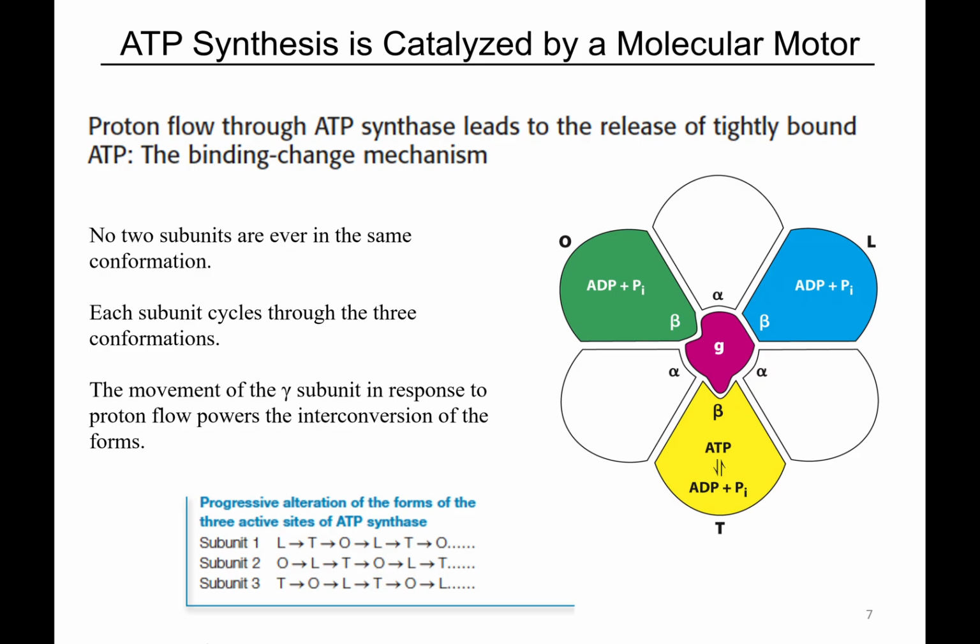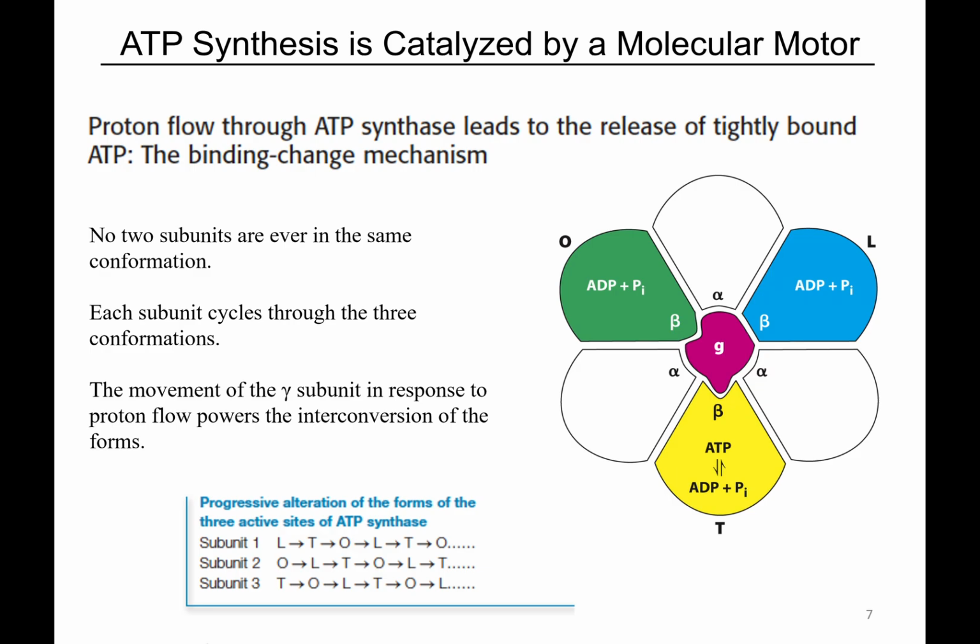Okay, so upon rotation of the gamma subunit, it will rotate 120 degrees, right? So the gamma subunit now is pointed towards this beta subunit, the one that is blue. And when it rotates, it changes the conformation of the blue one from L to T. The blue one is now able to convert the ADP into ATP.